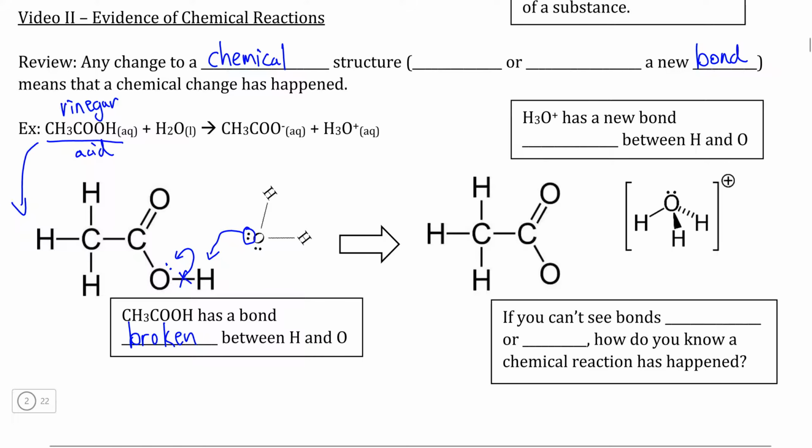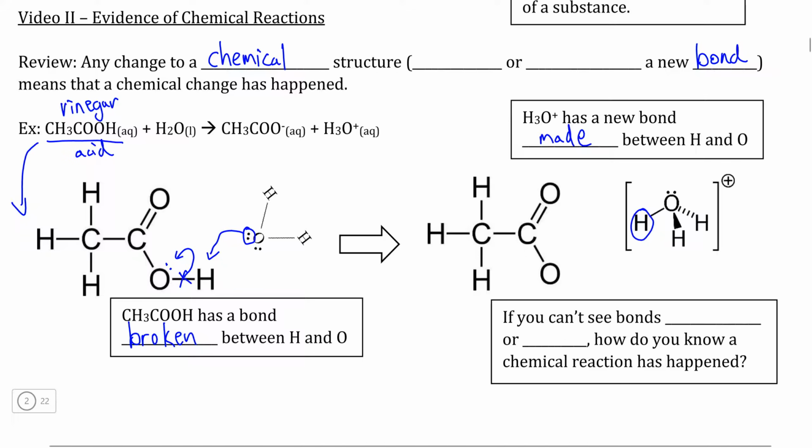Now, conversely, if we take a look at water, we can see that the oxygen in water has two hydrogens bonded to it on the reactant side, but there is a new bond made between the hydrogen that used to be on vinegar, and this bond now connects it to the oxygen in water.